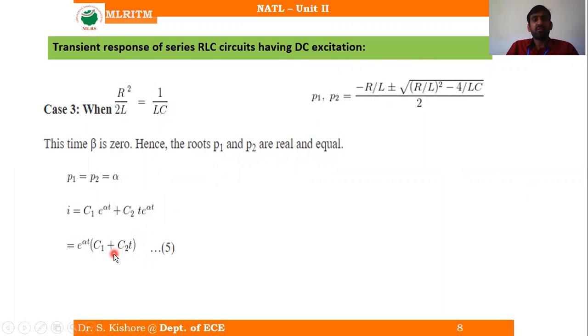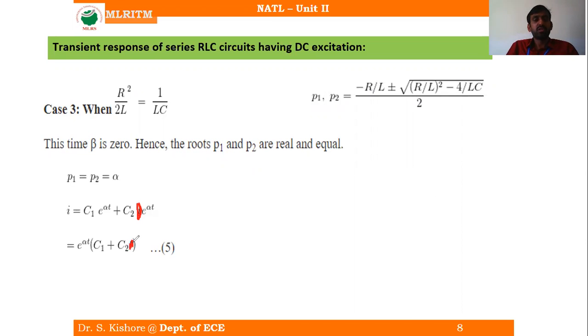So here we are having C1 into e power alpha t plus C2 into e power alpha t. If we consider this, t is not there over here.